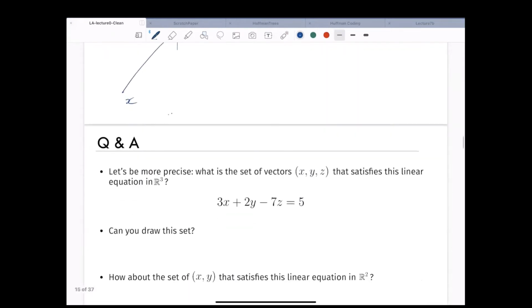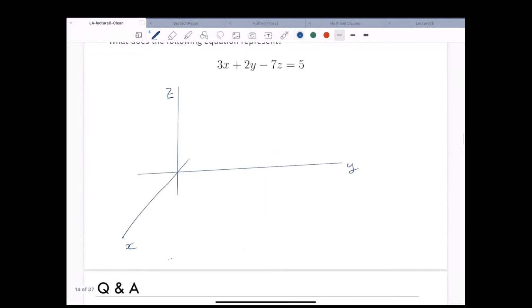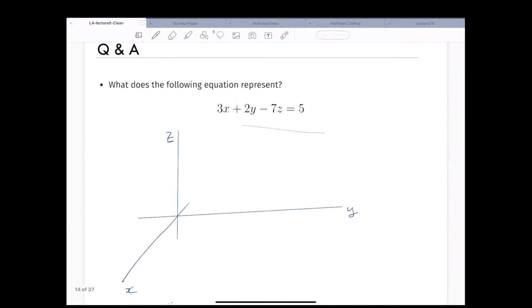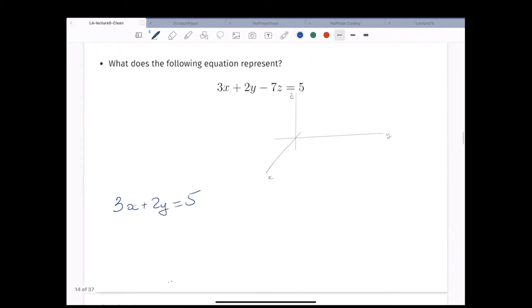Or what does that represent? Let's take this one: 3x plus 2y is 5. What does this represent on a plane?